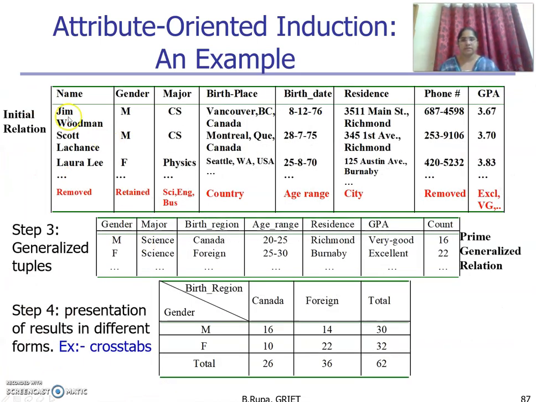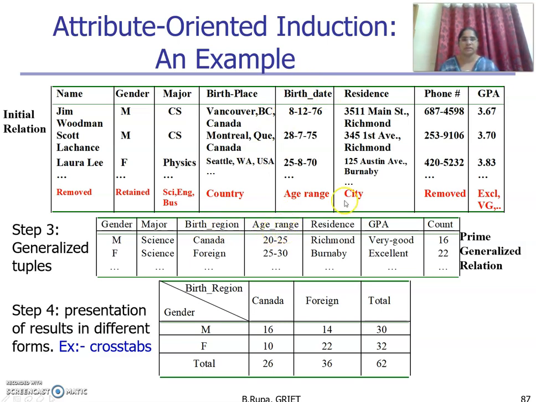Now we'll see this is the actual initial relational working table. From this we are removing name and phone number. After removing these, we go to the third step, generalized tuples. Gender is available as it is, major is there, and in place of birthplace we keep country, that means birth region, and in place of birth date we replace it with age range.